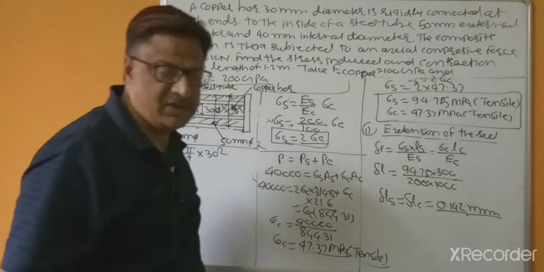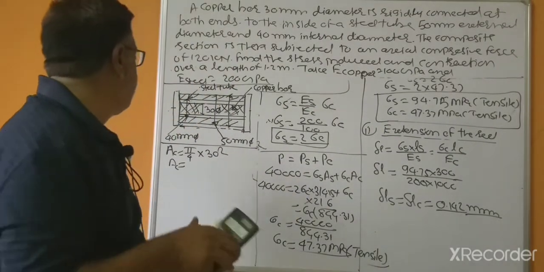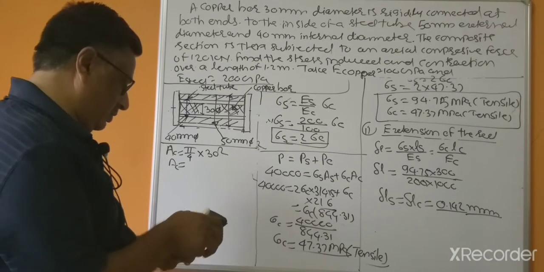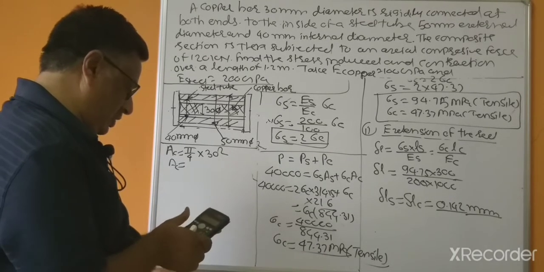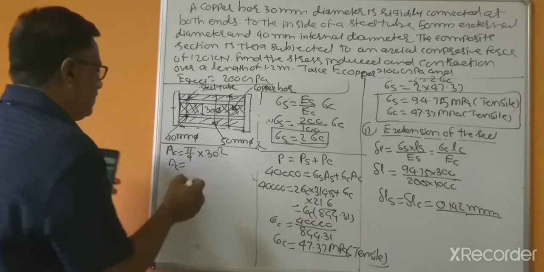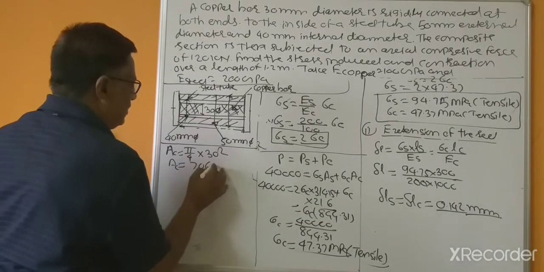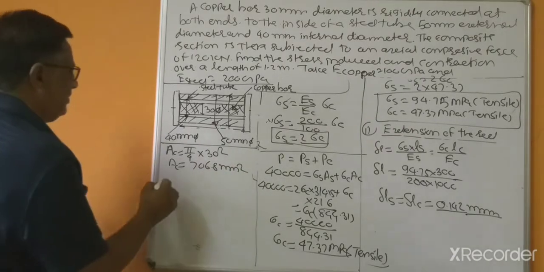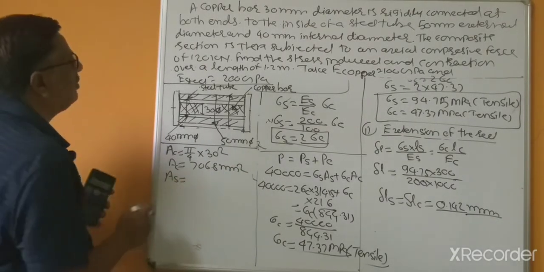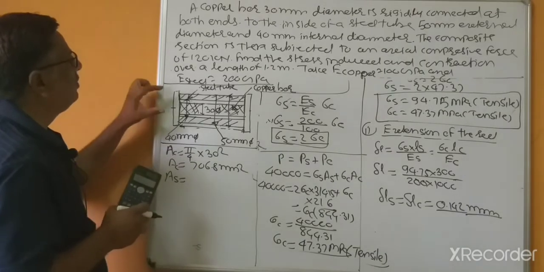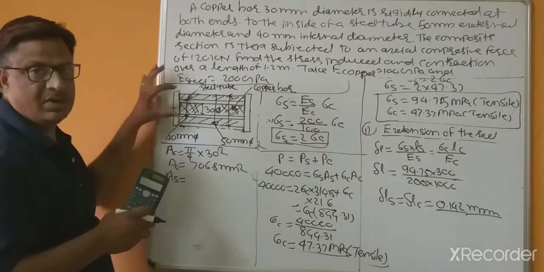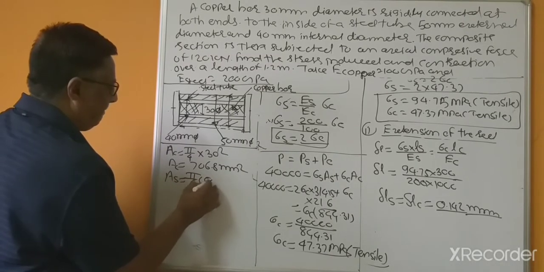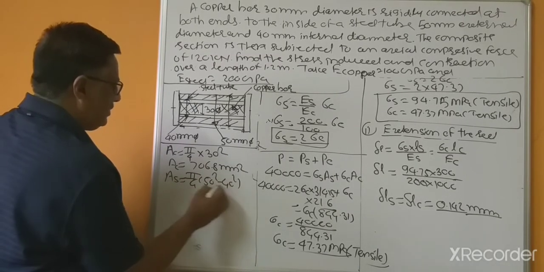AC equal to 706.8 mm squared. Similarly, the area of cross section for the steel tube, because this is hollow, is pi by 4 times 50 squared minus 40 squared.